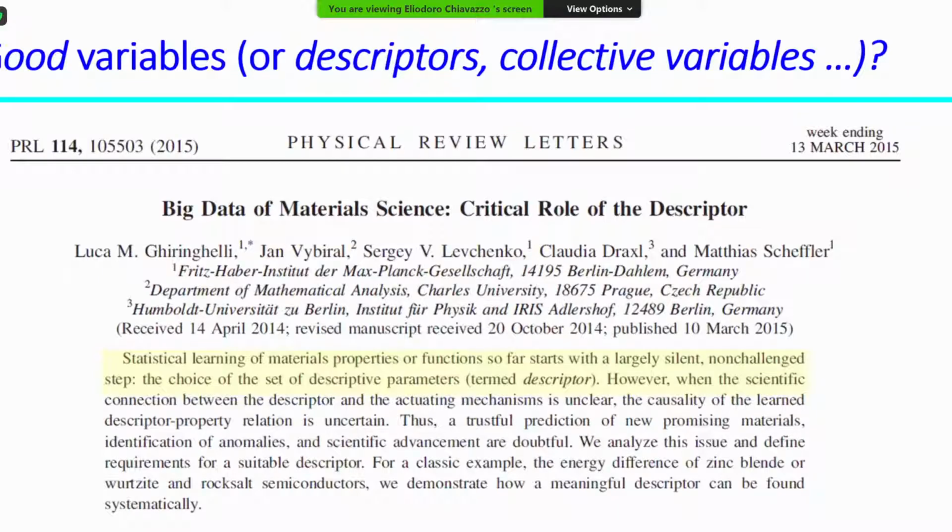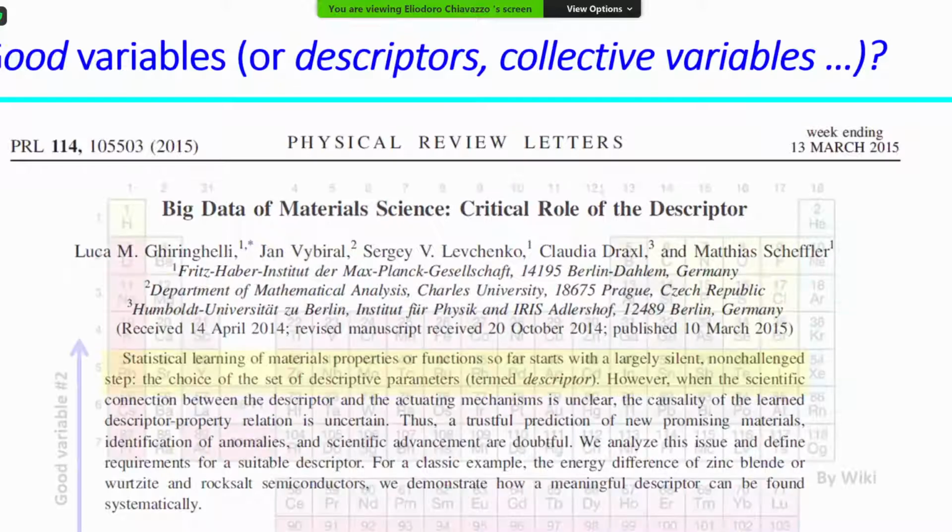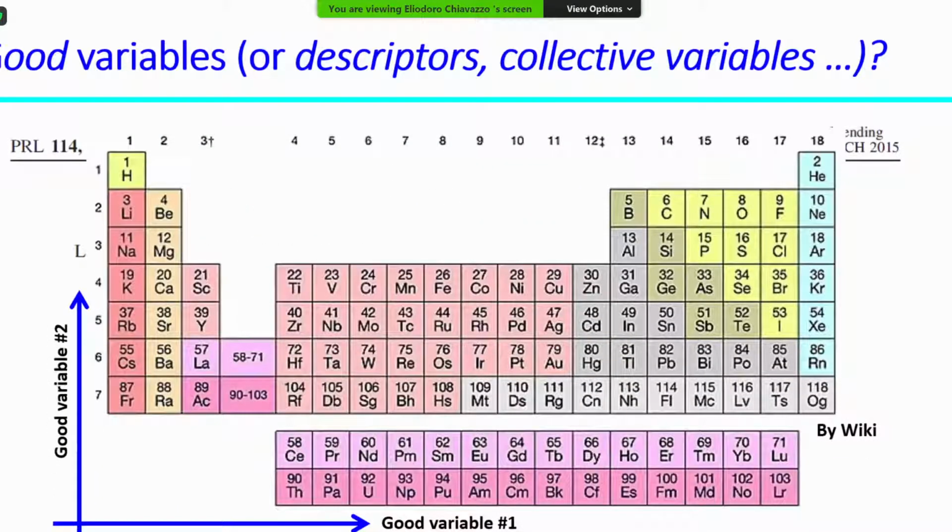And I will give you a very brilliant example from this paper of choosing the right coarse variables: if you think of it, the periodic table. Because this is a two-dimensional representation of very complex entities, which are the chemical elements.